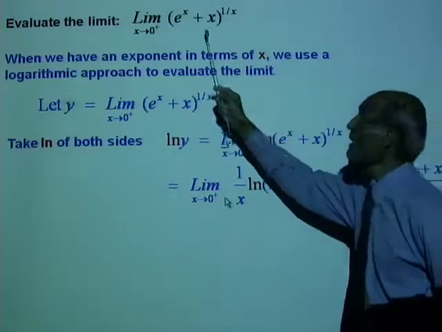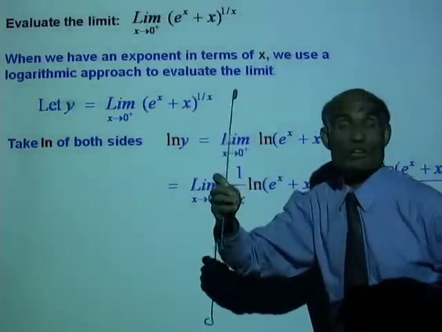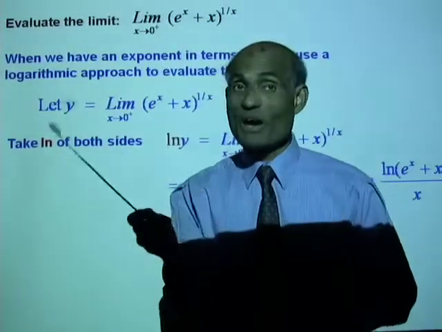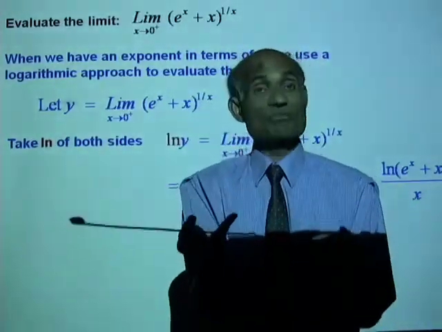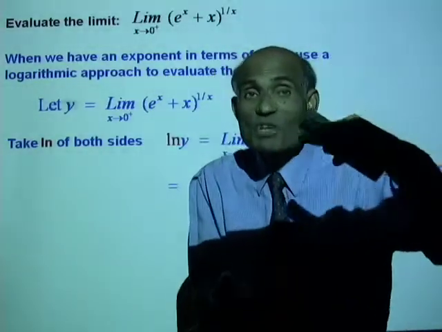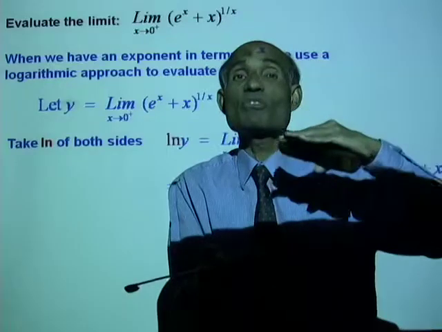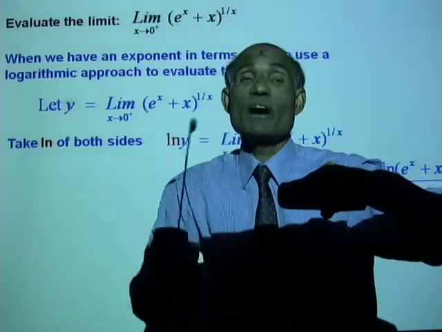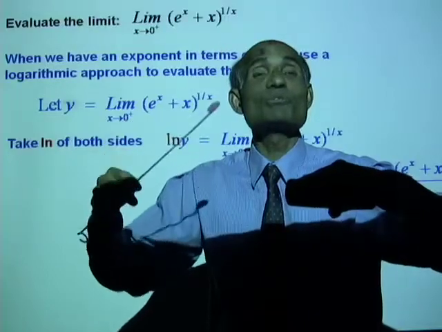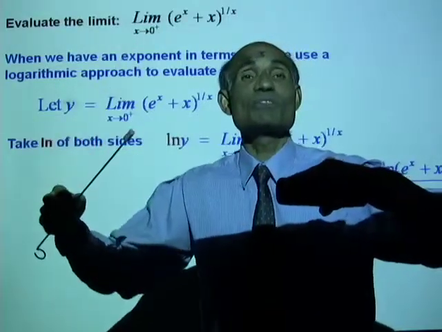Our original expression was not of that form. If you want to apply L'Hopital's rule, the expression has to be of the form f of x divided by g of x, and a direct application of the limit must give you 0 over 0 or infinity over infinity.